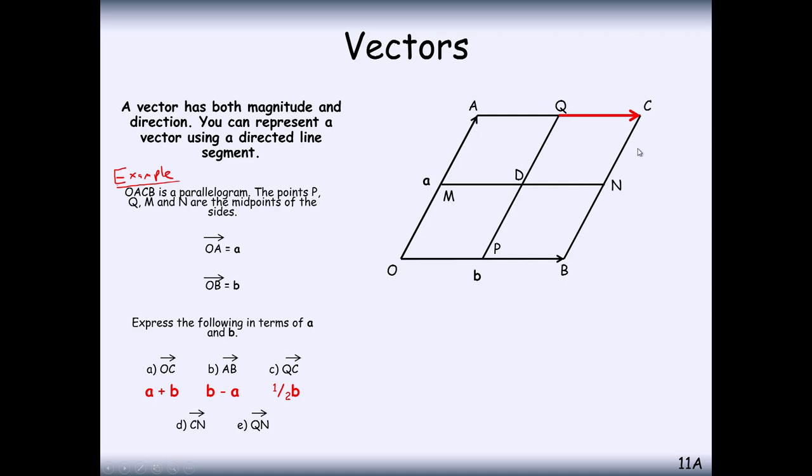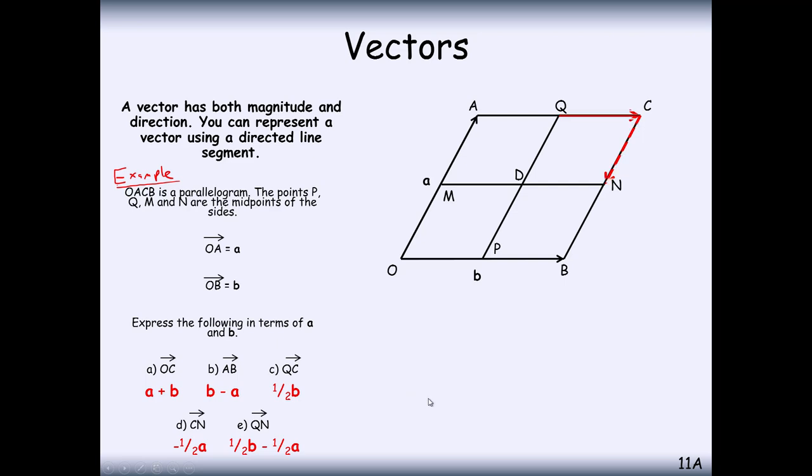So that's also going to be half of a, but in the opposite direction, so it'll be minus half of a. And QN, going across there and across there again. So that's going to be half of b minus half of a.